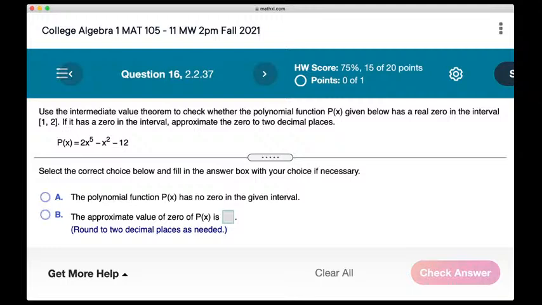We have p of x equals 2x to the power of 5 minus x squared minus 12. And we want to see, does it have a 0 between 1 and 2? Now we could do the table again, but I'm going to do it a little bit differently this time.